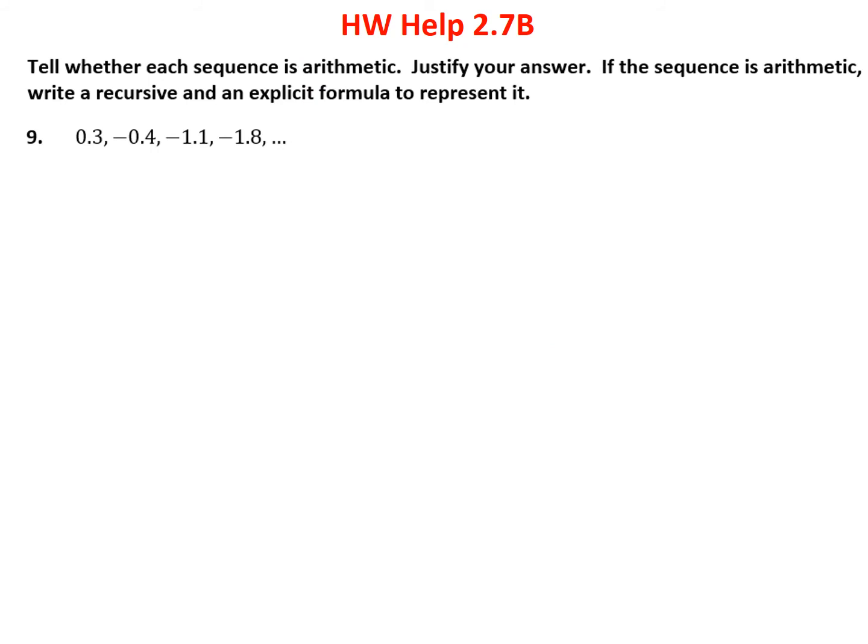Once again, to find whether it's arithmetic, let's find out what the difference is. To go from 0.3 to -0.4 is going to be subtract 0.7. And then from -0.4 to 1.1 is again 0.7. And 1.1 to 1.8 is again to go up 0.7.